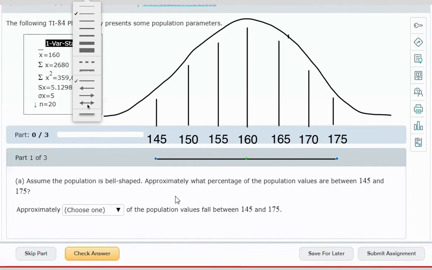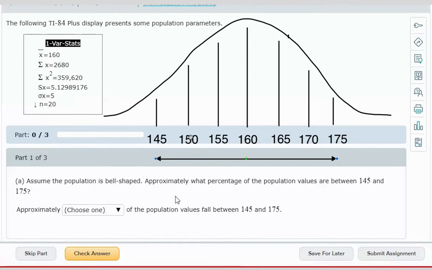So I'm going to make these little double-sided arrows. If it goes from this line all the way out to this line, then that is all or almost all of the population. When you do this drop down, you're going to have the choice of all or almost all, 95%, and 68%.